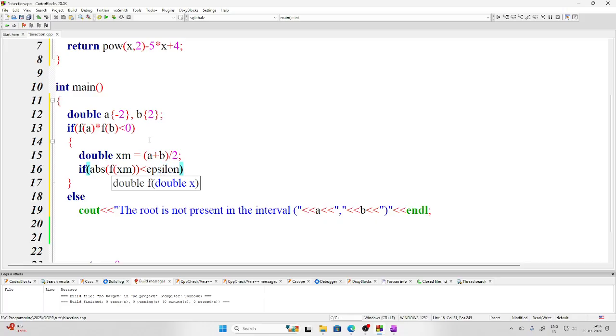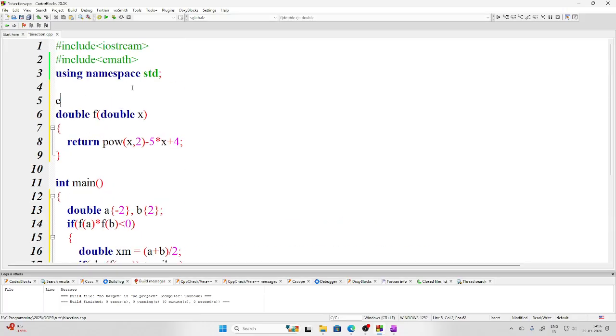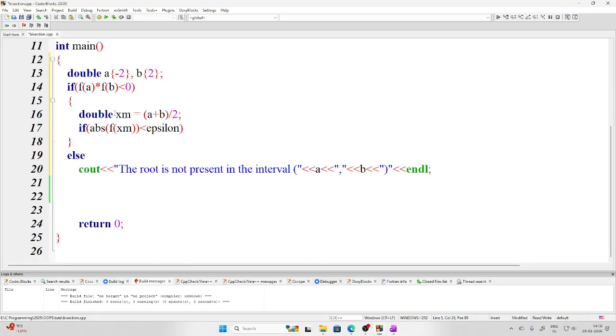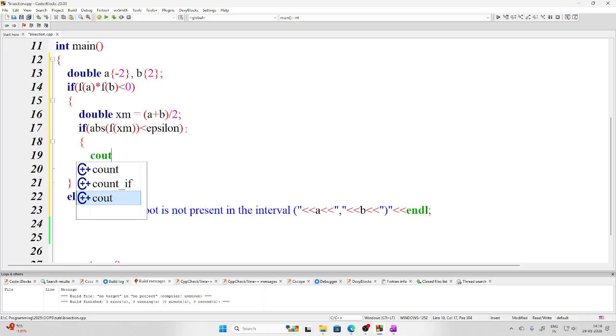What is that epsilon? We have to define it. So let us define it here. Const double epsilon, and let's say this is nothing but 10 to the power minus 5. Okay. So now if the absolute value of the function at the mean is less than epsilon, then you already have your answer. So what is the answer?